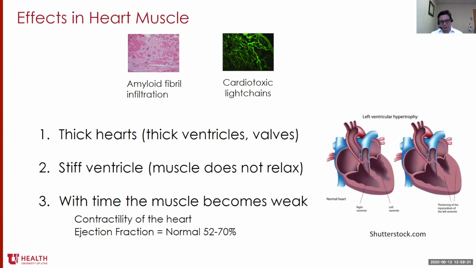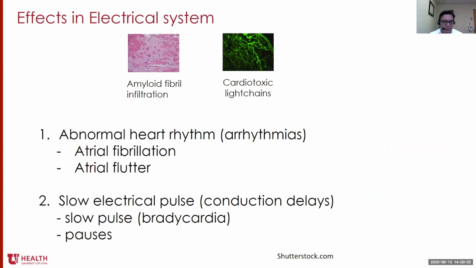A normal contractility at rest is around 52 to 60, sometimes 70%, and with exercise, it goes higher. So, bottom line, these amyloidosis fibrils affecting the muscle structure cause thick ventricles, stiff ventricles, and can also cause weak ventricles. And we're going to talk later about how that feels in terms of your symptoms.